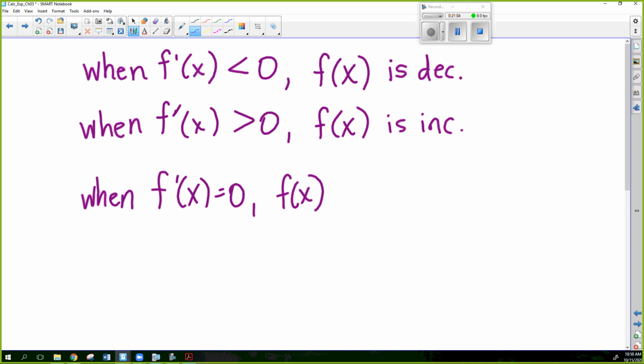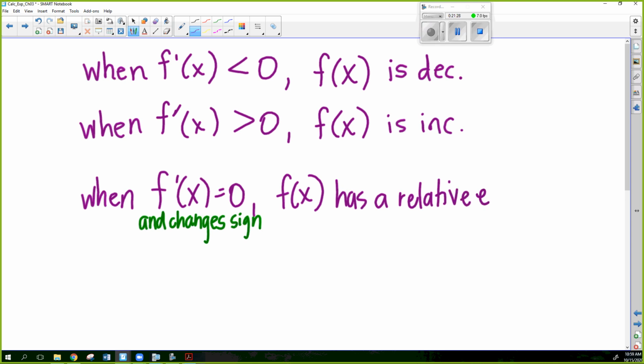Because that's important: when f prime of x equals 0, when the derivative equals 0 and changes sign, that's important. Make sure you include that. What was happening on f of x? It has a relative extrema. Extrema is plural for max or min, right?